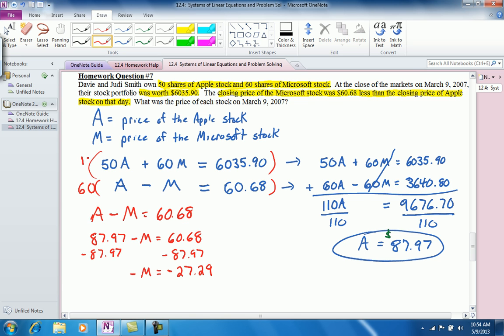Now to get M by itself, I multiply both sides by negative 1 or divide both sides by negative 1, and I will get positive M equals positive $27.29. So the price of the Microsoft stock was $27.29. Okay. Hope that helps.